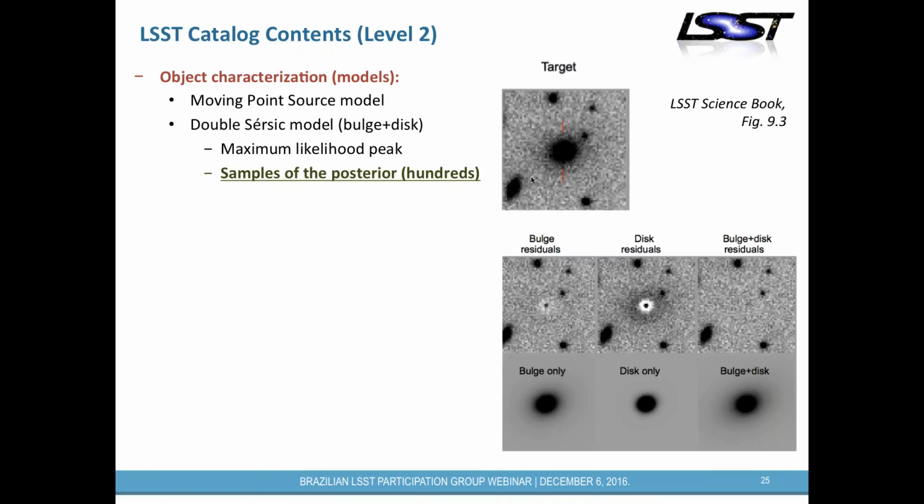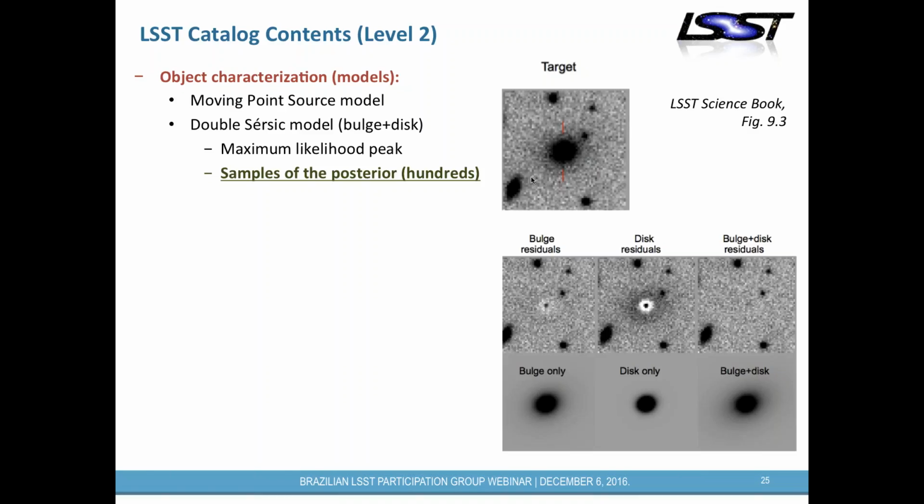For every object in the LSST database, we'll fit a model and see whether it's consistent with a source in the Milky Way that's PSF-like and that's moving. That will give you the position of the object, its own epoch, its proper motion, and it will also give you photometry. And for galaxies, we'll fit a double Sersic model.